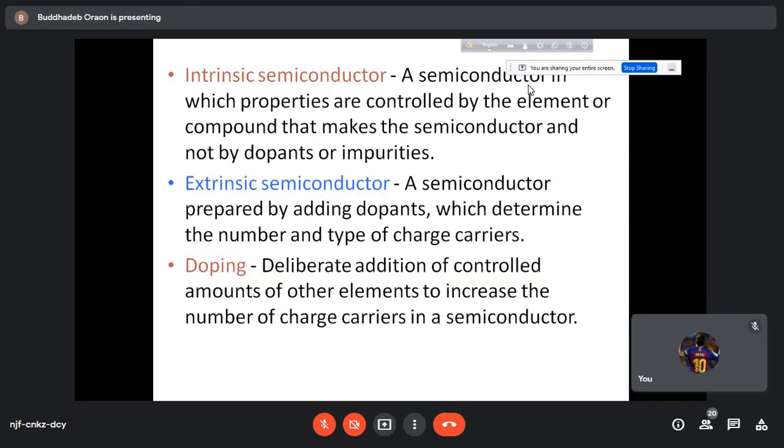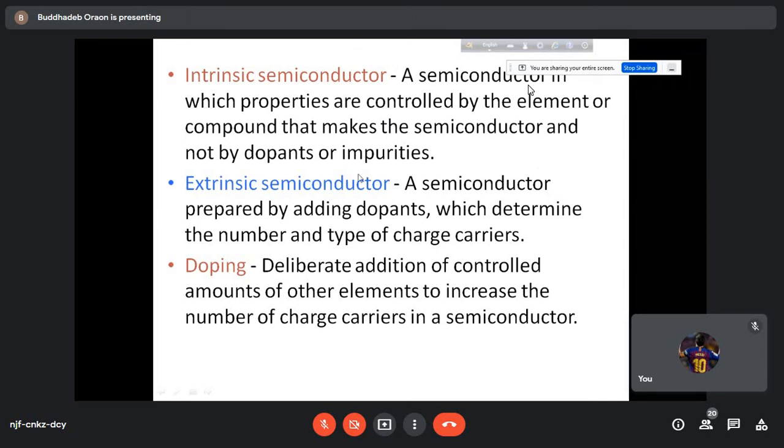Then, semiconductors, just briefly, can basically be divided into two categories: intrinsic and extrinsic. The intrinsic type, which is also known as pure, has certain limitations so far as the number of charge carriers is concerned.